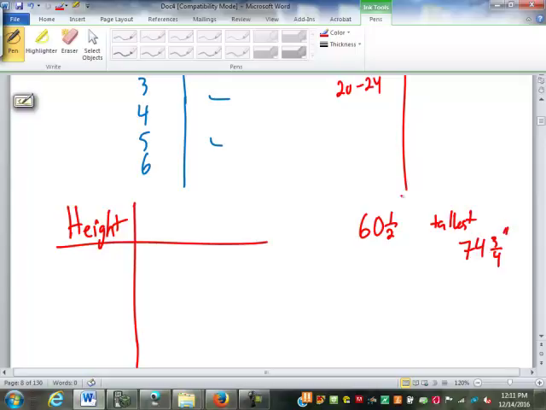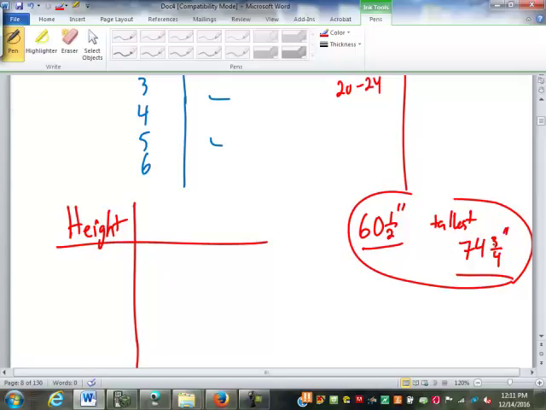We have to come up now with groups that will get from the smallest up to the largest. And how many groups we're going to use depends on how many people are there. If we only measured 10 people, we probably don't want more than 2 or 3 groups, because otherwise each group's only going to have 1 or 2 people in it. If we measured 100 people, we might want 5 or 6 groups or maybe more so that they're divided up.